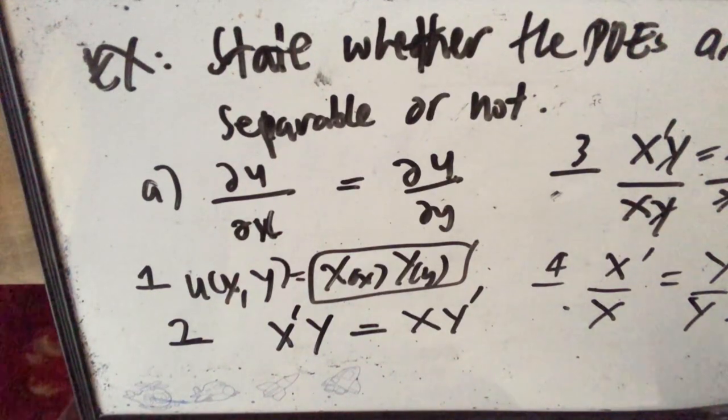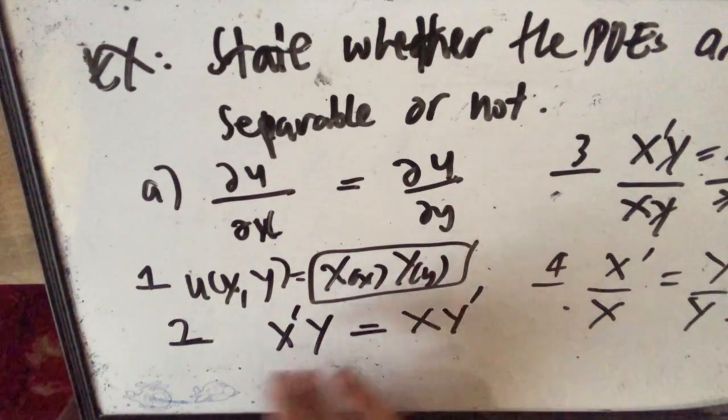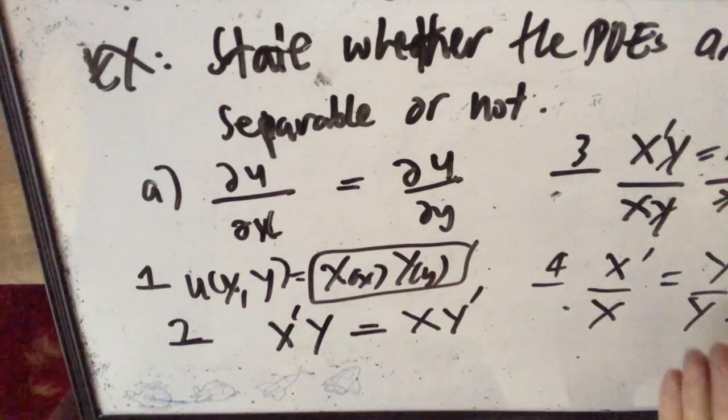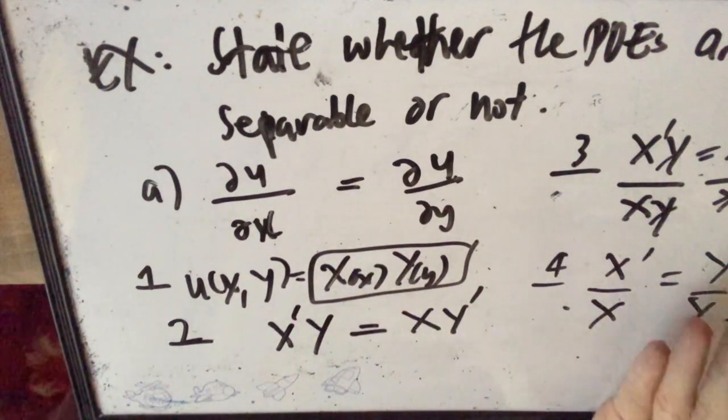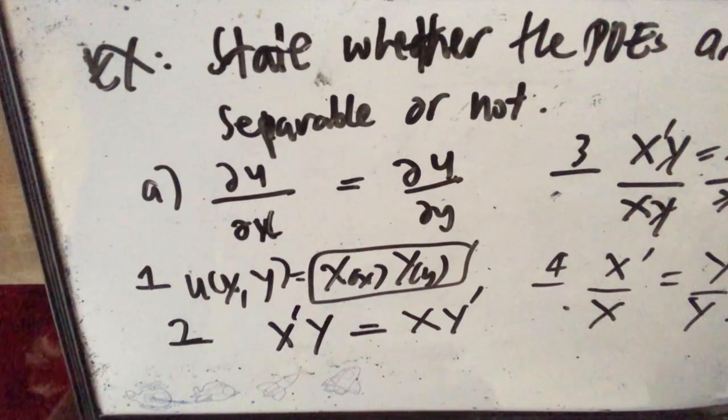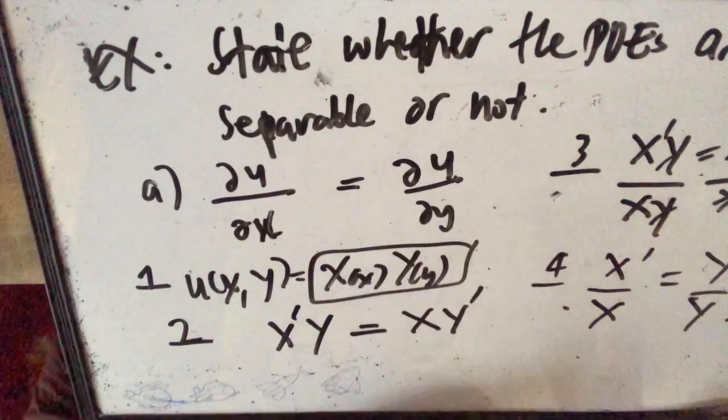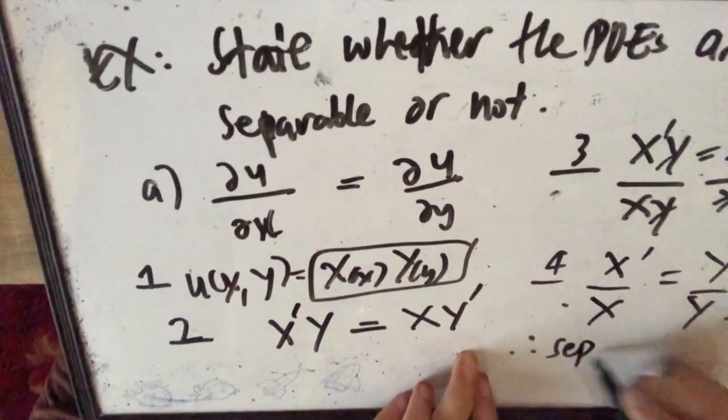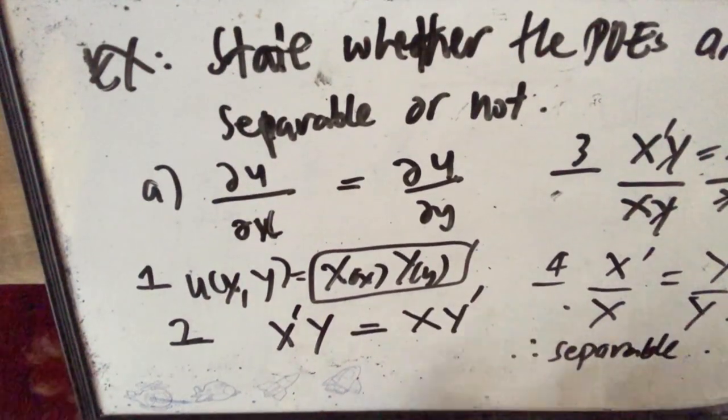Now you can see from step number 4 whether you have already separated it or not. You can see clearly that X is on one side and Y is on the other side. This means it is separable, so you can conclude that this is separable.